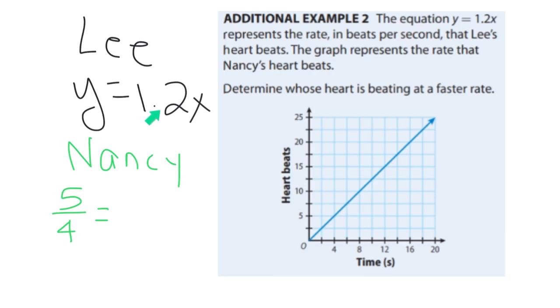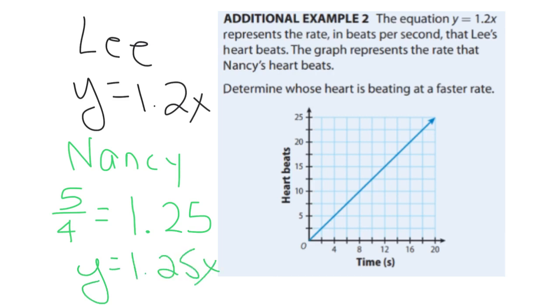And since we already have Lee as a decimal, we'll make this one into a decimal so it's easier to compare. So that'll be 1, 2500ths. So Nancy's going to be y equals 1 and 2500ths x.